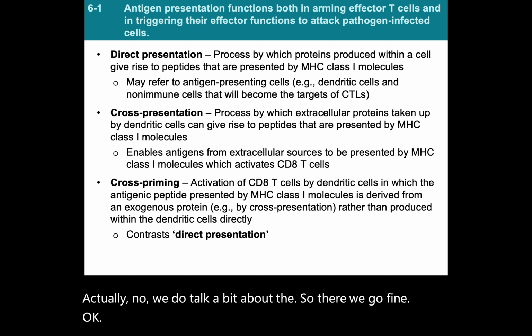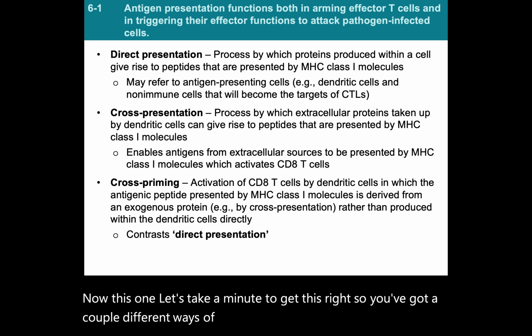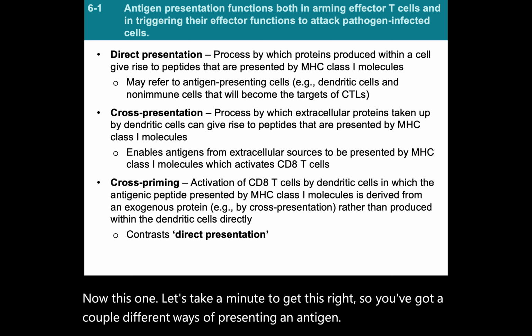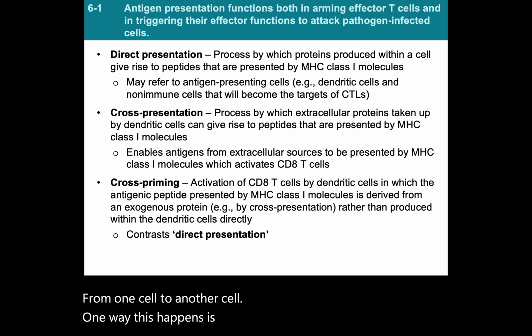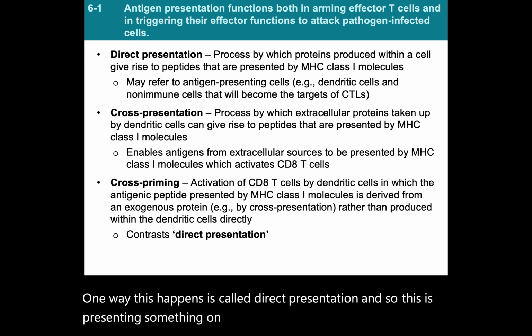Now this one, let's take a minute to get this right. So you've got a couple different ways of presenting an antigen from one cell to another cell. One way this happens is called direct presentation. And so this is presenting something on an MHC class 1 molecule.